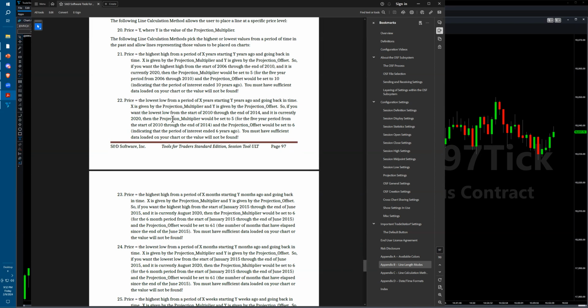So here we have some search types. These aren't really formulas, but call them pre-canned routines that you can select, where you can have them pick the highest high or the highest low from some period of time. And then you can set how long ago that period of time was, and then work from there.